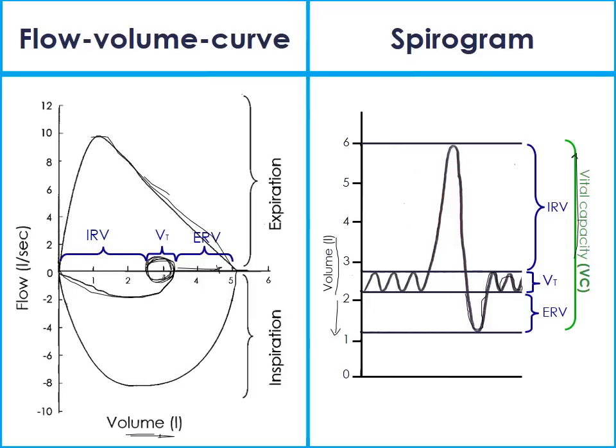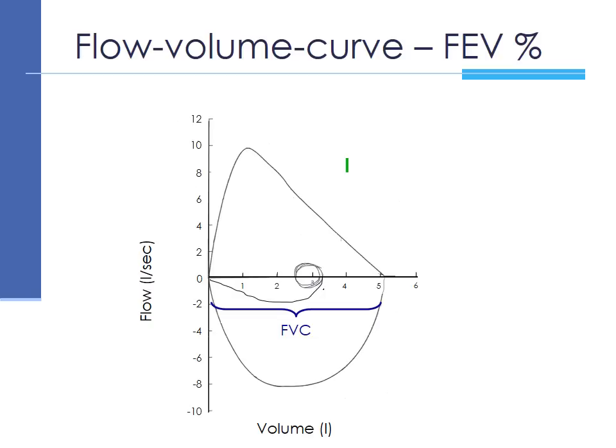And then, of course, vital capacity is the sum of all three of these volumes. On the spirogram, that would be in the vertical plane this way, but on the flow volume curve, it would be on the horizontal plane, and in this case it's now referred to as the forced vital capacity because of the forced maneuver.